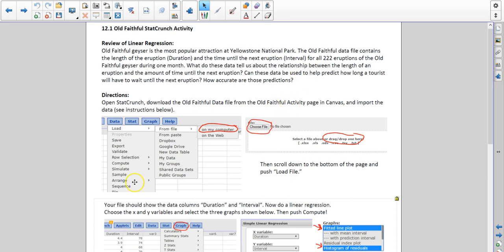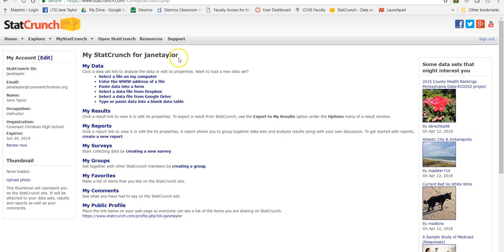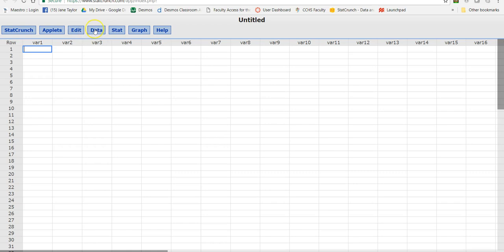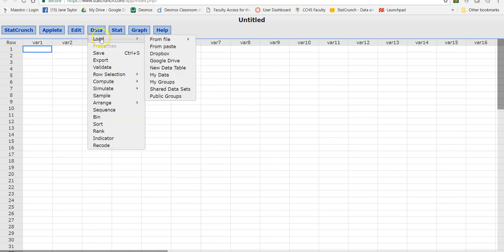So the instructions for doing all of this is on here. I'm going to go ahead and just go through this process. When you log on to StatCrunch and you go to My StatCrunch, then we want to go to Open StatCrunch and open a new StatCrunch page. Go to Data, Load from the file on my computer.